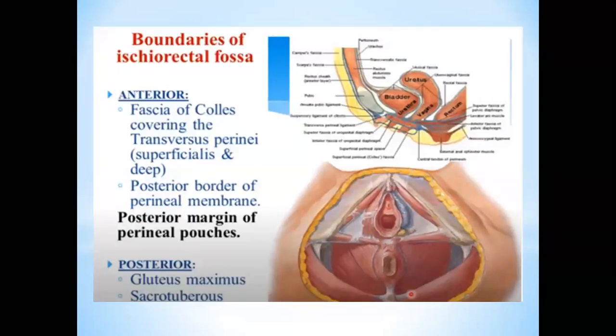Now, what are the contents of the ischiorectal fossa? Ma'am, it contains fat, anal canal, external anal sphincter, and pudendal canal. And pudendal canal contains internal pudendal vessels, pudendal nerve, and perineal nerve. Very beautifully explained, Rubina. Thank you so much, ma'am.